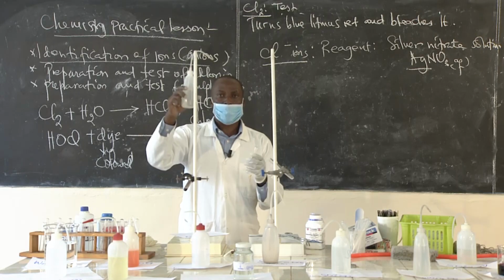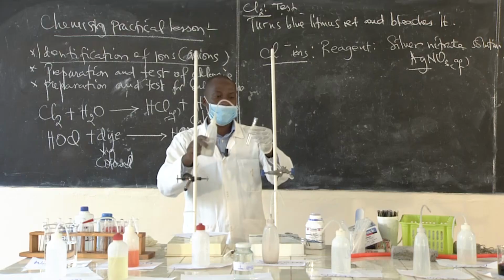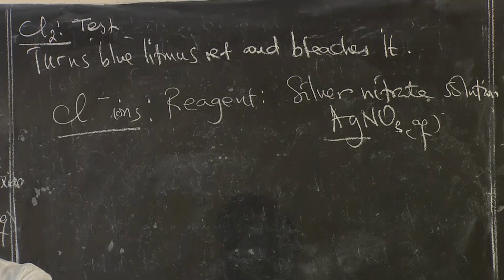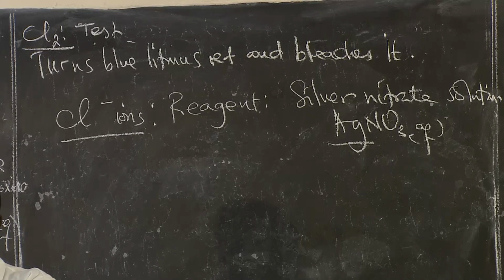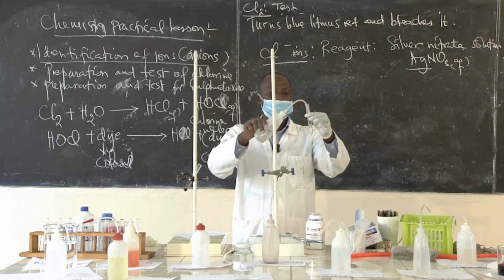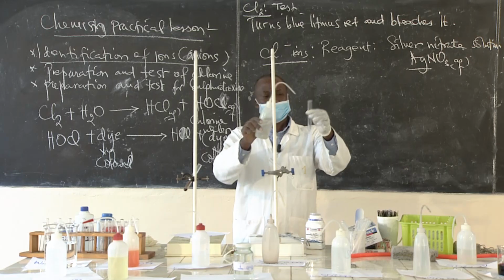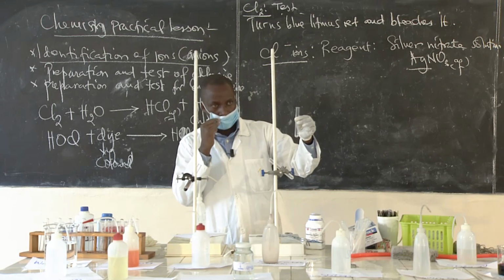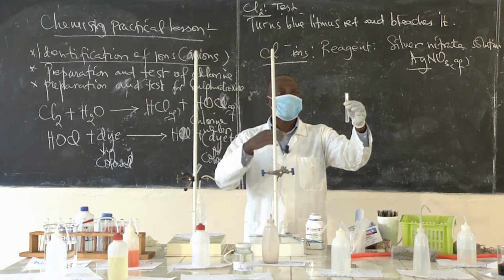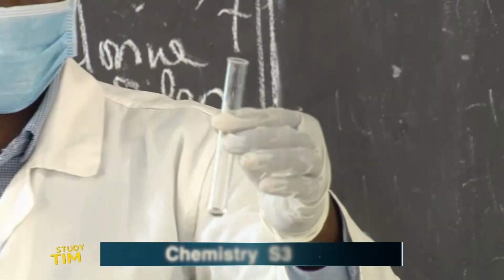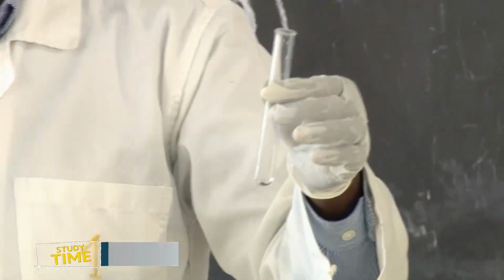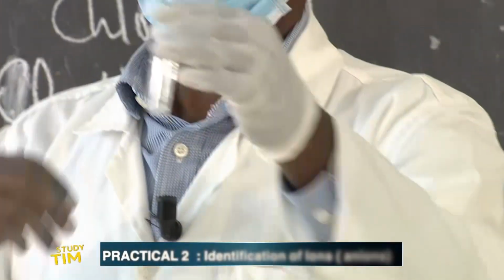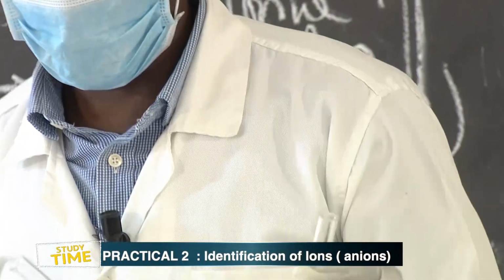So we have a solution containing the chloride ions. As usual, we add a few drops of the chloride ions. That's enough. These chloride ions are coming from any soluble salt of chloride: sodium chloride, potassium chloride, and all those. So you can still have the chloride ions.